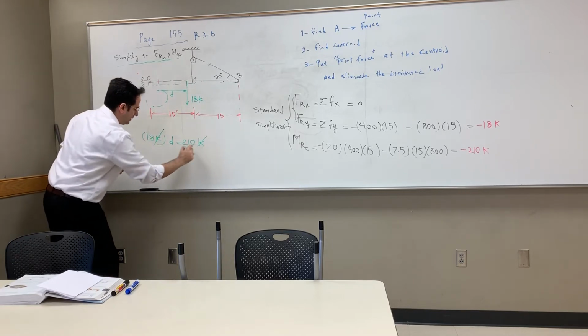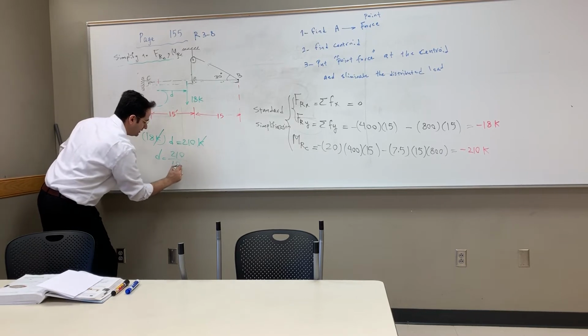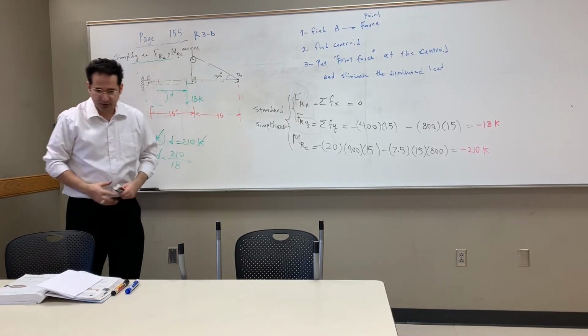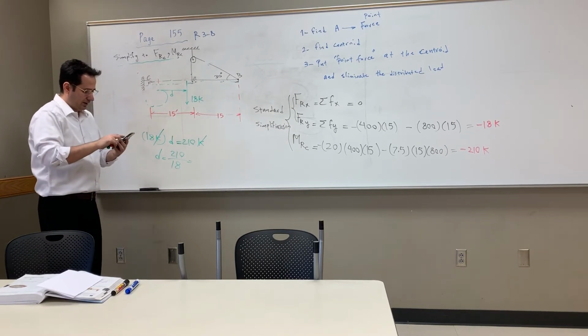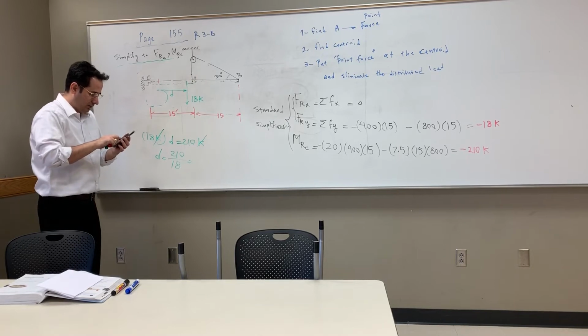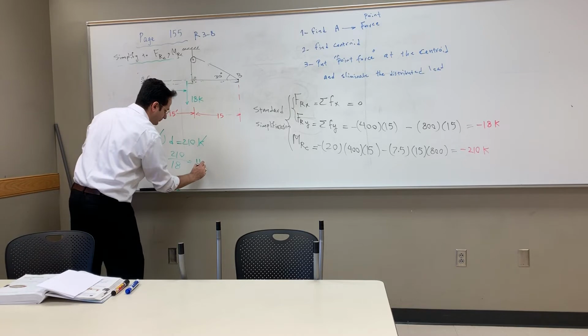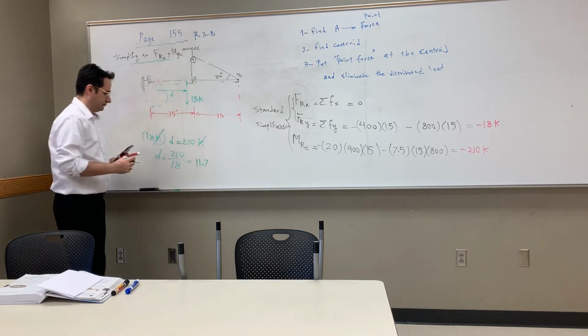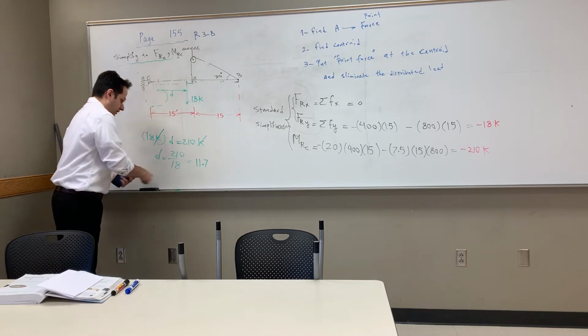This cancels out with this, so D is equal to 210 over 18. I forgot, we did this in last class. That's 11.7.